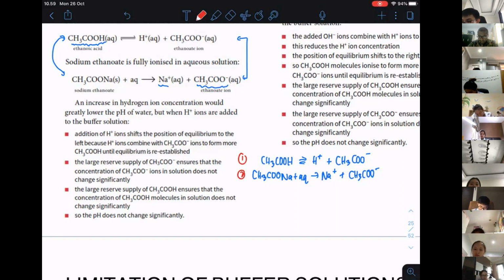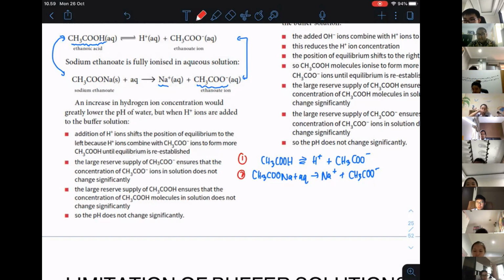Charlton, can you tell me why the position of the equilibrium is shifted to the left? What principle do we use here? Because the H plus concentration increased. What principle is this? Le Chatelier's principle.